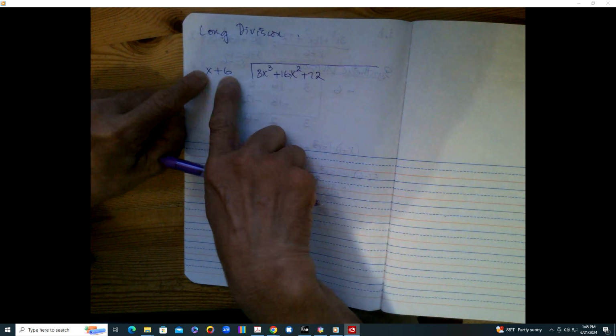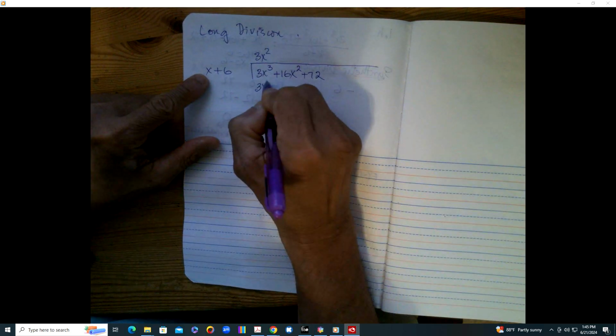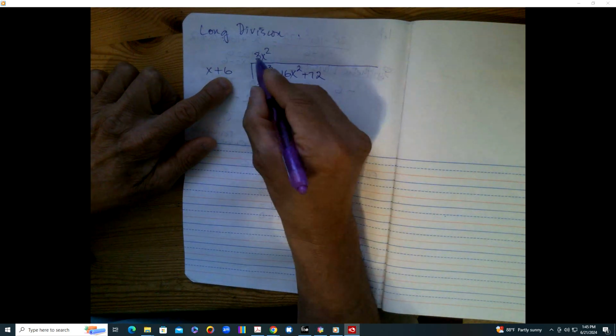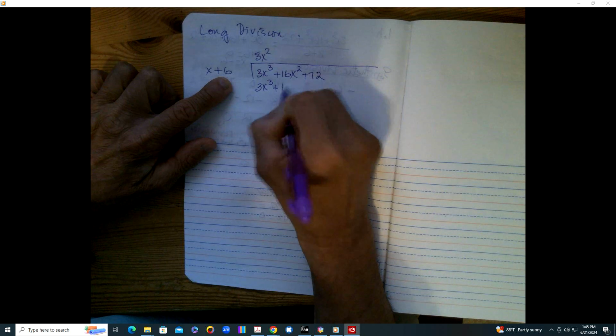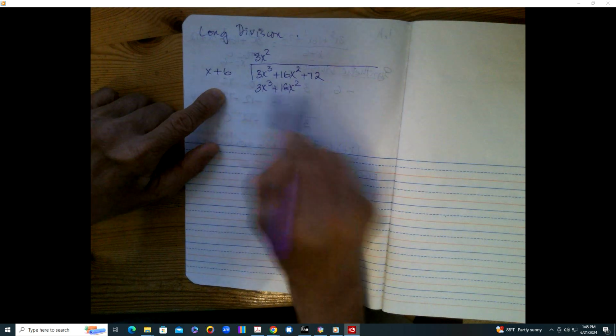How many times x plus 6 go into this? It had to be 3x squared, right? So we multiply it up: 3x to the third, and then 18x squared. All right. So this times this times this, we get this number.